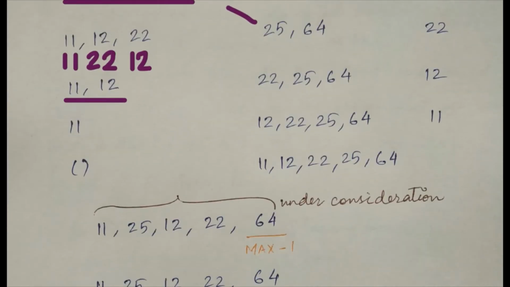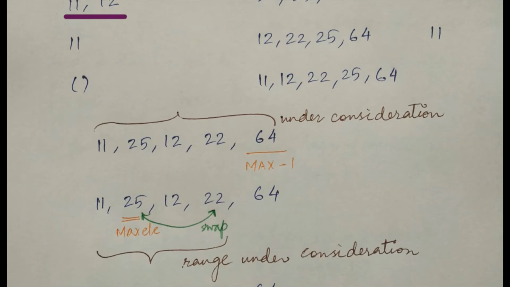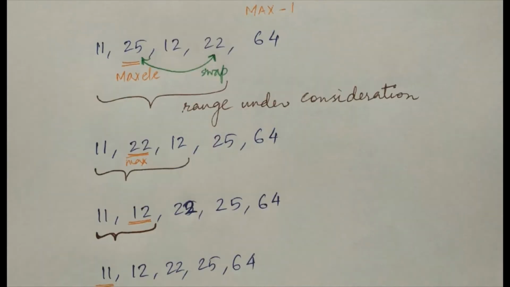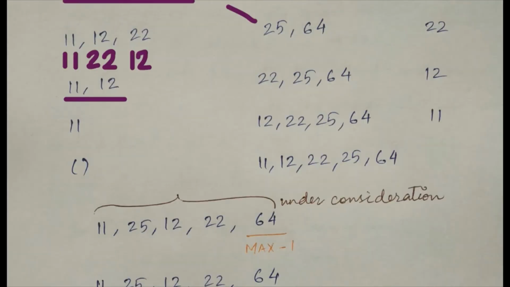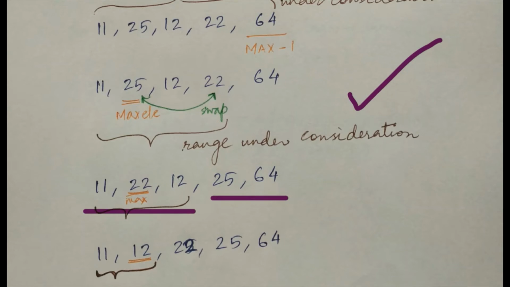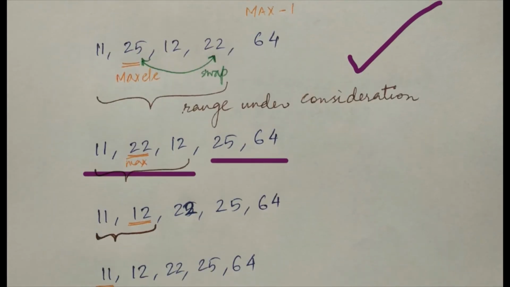You'll continue, and like I've mentioned here, we will swap 25 and 22, and we'll be left with 11, 22 and 12, and so on. This one is not according to our algo. This example here is according to our algo. So your right hand side will be your sorted sublist, and your left hand side is the unsorted sublist, because we are dealing with blocks.